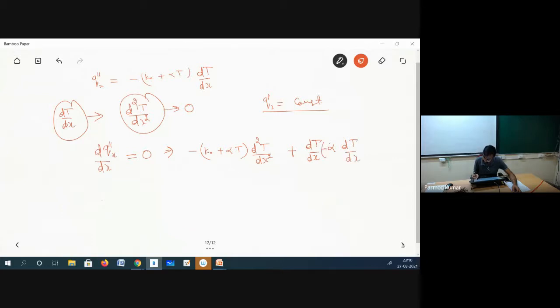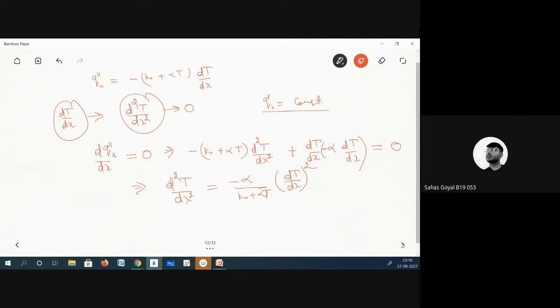Here it will be minus alpha into dT by dx. Now is it correct? So this whole will be equal to 0. So from here, I will be finding that d square T by dx square will be equal to minus alpha divided by k naught plus alpha T into dT divided by dx, whole square. Is this point clear?